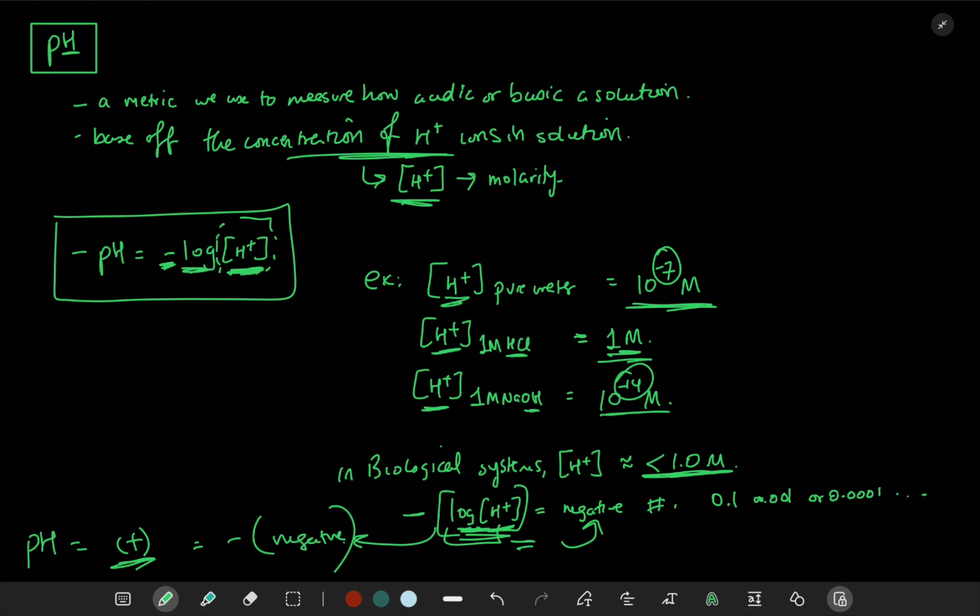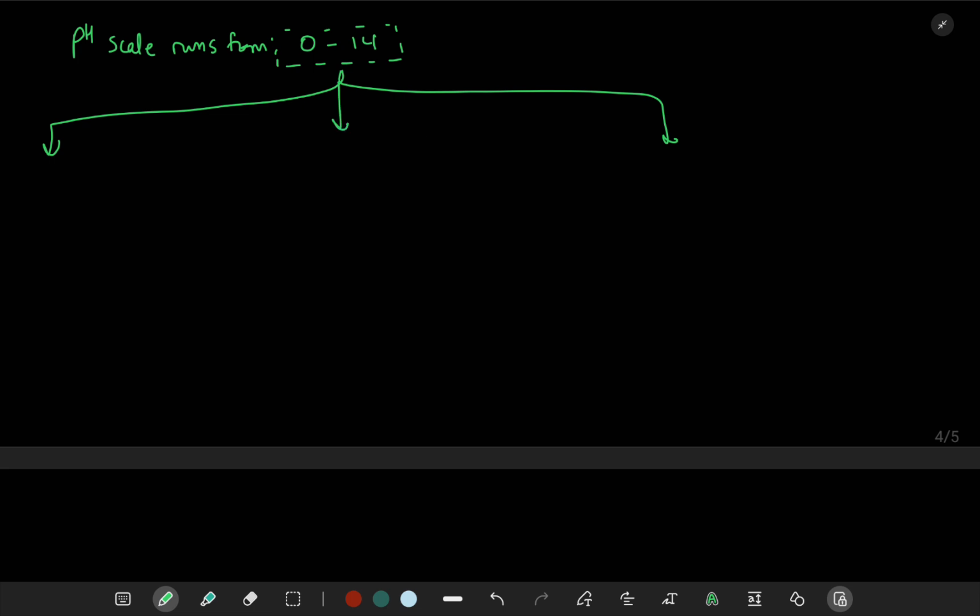And now let's talk about the actual pH scale, and talk about acids versus bases and so on. So the pH scale runs from 0 to 14. This is the range of the pH scale. Let's break it down into 3 categories. If the pH is less than 7.0, that means the solution is an acid.